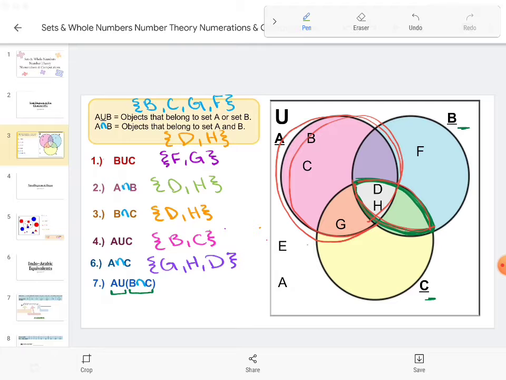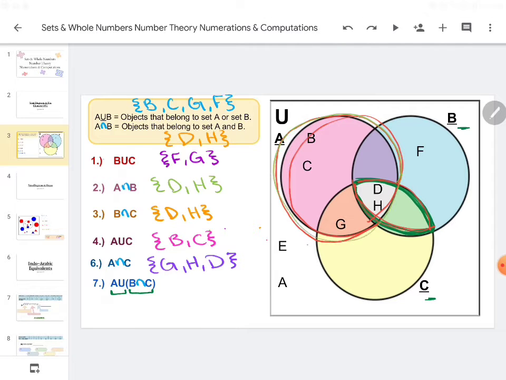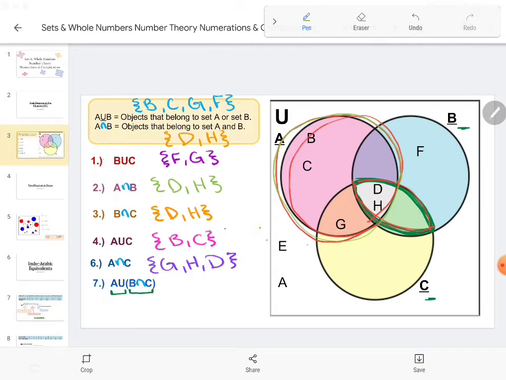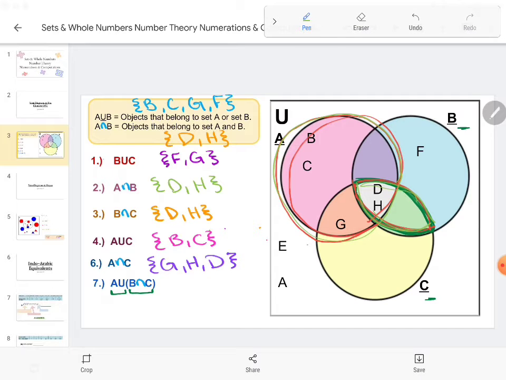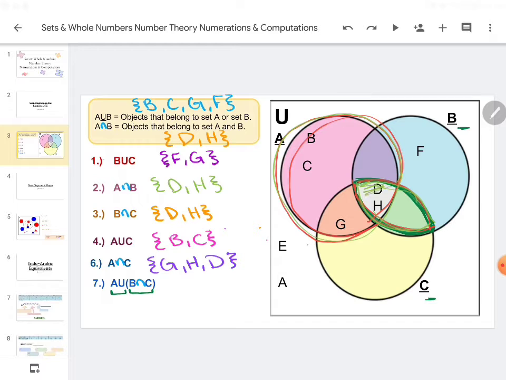If you look at circle A, it goes around like this. If you look at our section that we took from B and C, we've got this right here, and we know that we cannot use the sections where they overlap, which means D and H will not be a solution to our problem.